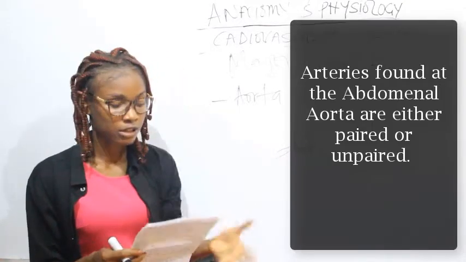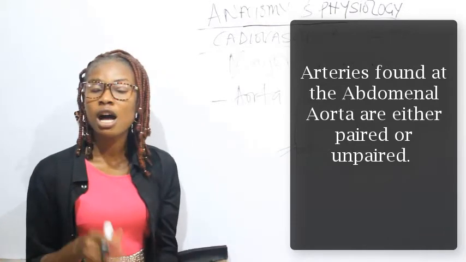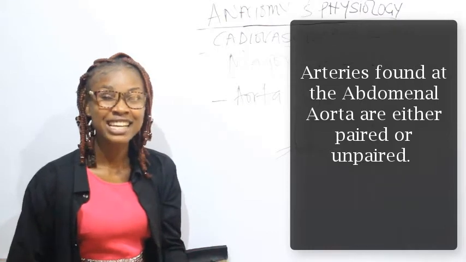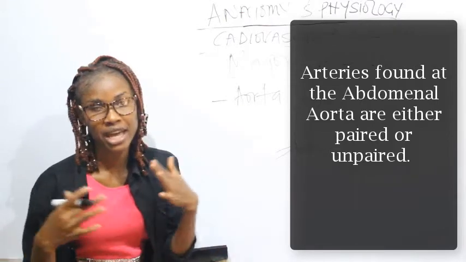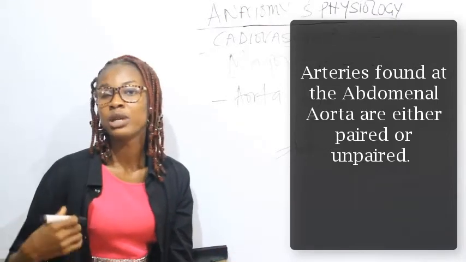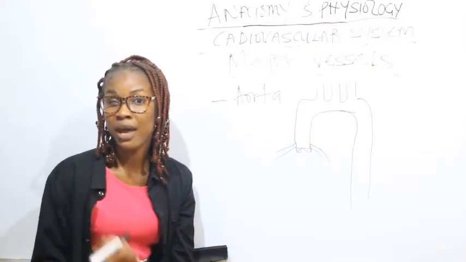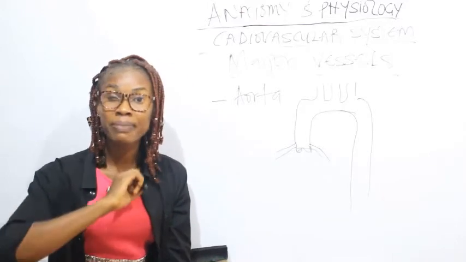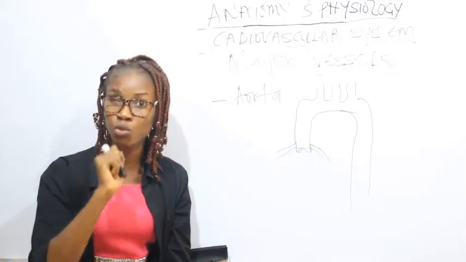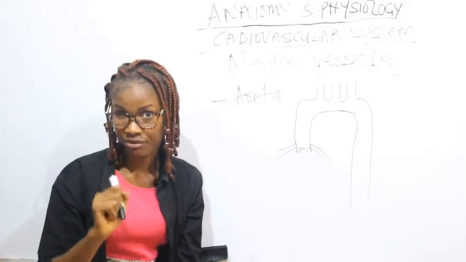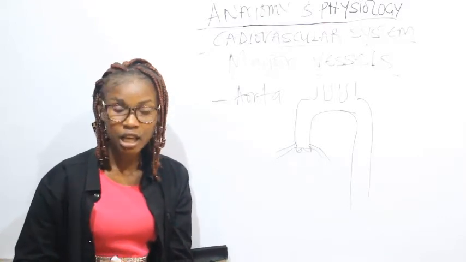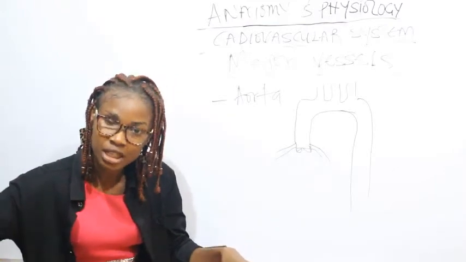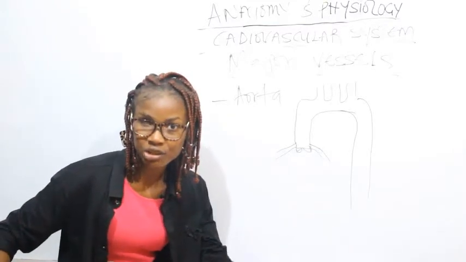The abdominal aorta. At the abdominal aorta, the arteries there are either paired or unpaired. That's to say, if an artery is paired, we'll have a left and a right part. But if it is not paired, that means the artery is just one at the abdominal level. So that's why, for example, you have right renal artery, left renal artery.